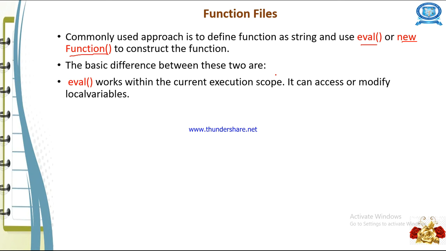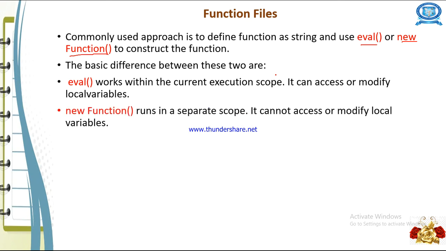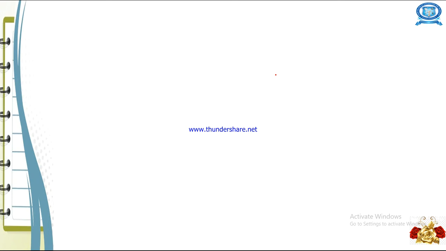Eval works with the current execution scope. It can access or modify local variables within the program and its functions. The new Function runs in a separate scope, so it cannot access or modify the local variables.